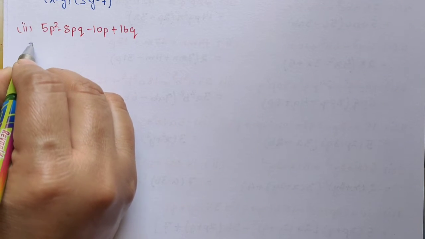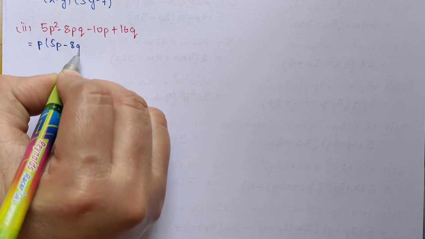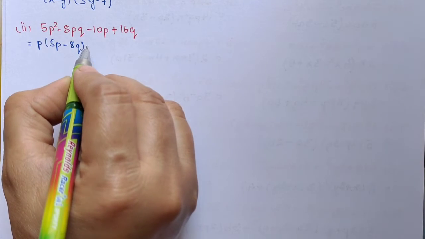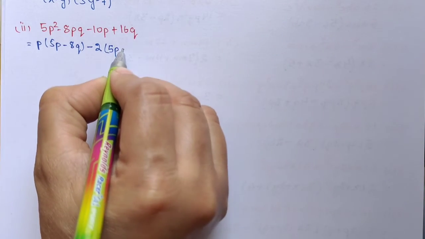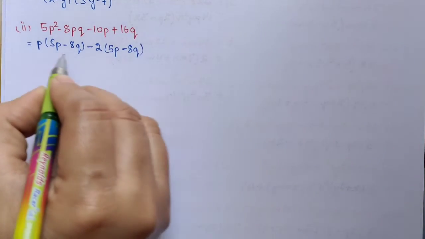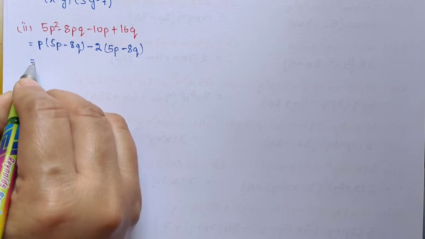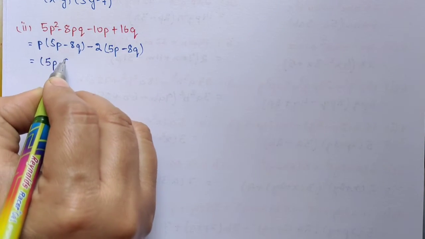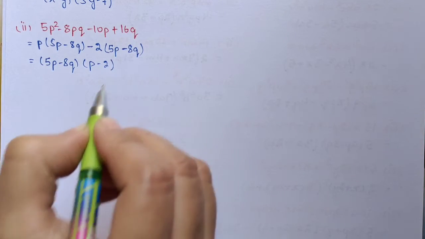We take p as common here, then we have 5p minus 8q. From the last two, minus 2 we can take out common, then we have 5p minus 8q. Now this 5p minus 8q we can take out common. Then the other bracket will be p minus 2.